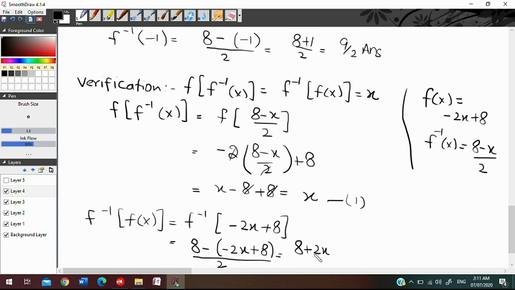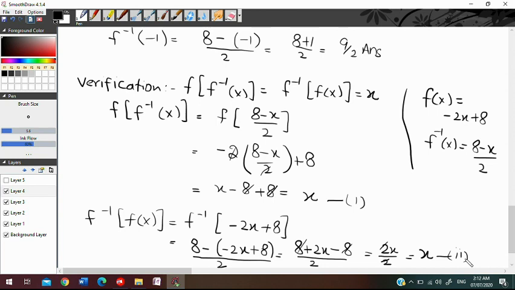Plus 2x and minus 8, divided by 2. This 8 and this 8 cancel with each other, and we get 2x divided by 2. Again the 2 cancels, and we simply get x. So from 1 and 2 we verify the equation, and this is the result of our first part. By doing the same calculation, you can solve the rest of the 3 parts.